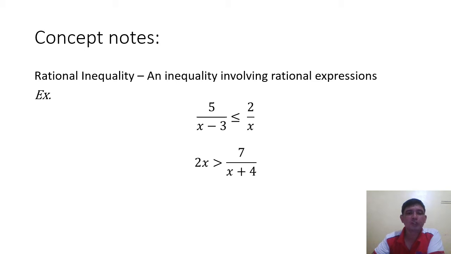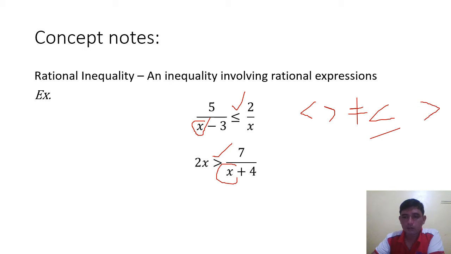Okay, for rational inequality, we have the same rational expression, a variable in the denominator, and an inequality symbol. The inequality symbols are less than, greater than, not equal to, less than or equal to, and greater than or equal to.